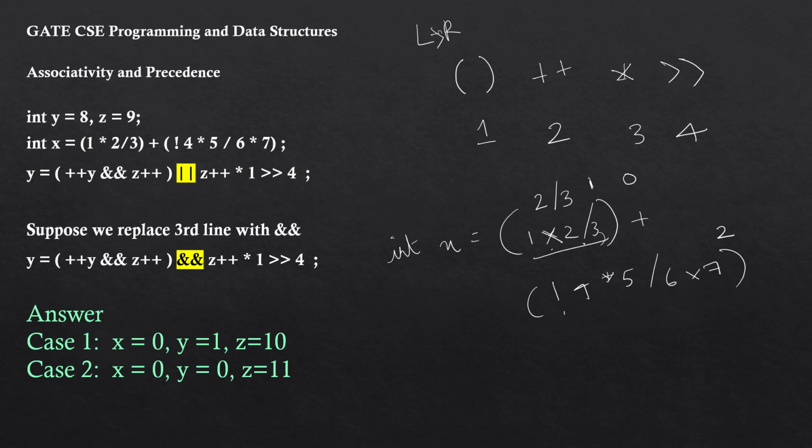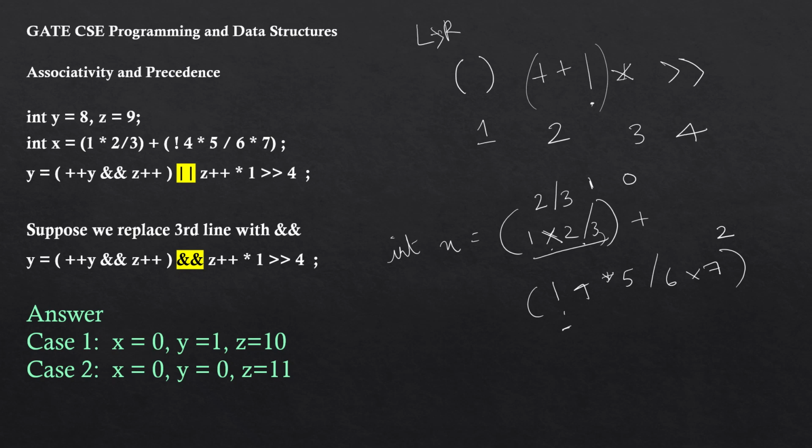Now next bracket we will solve. Now in the second bracket, you see this not operator. Do you remember what was the precedence? Is it greater or less than multiplication? Just have a look at the table. Okay, so if you check the table, you will see that the not operator has higher precedence than multiplication.